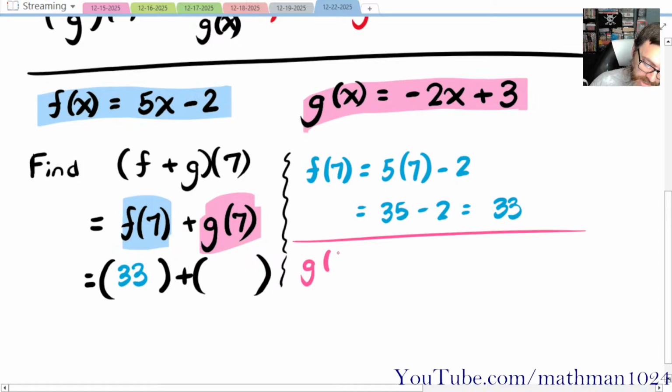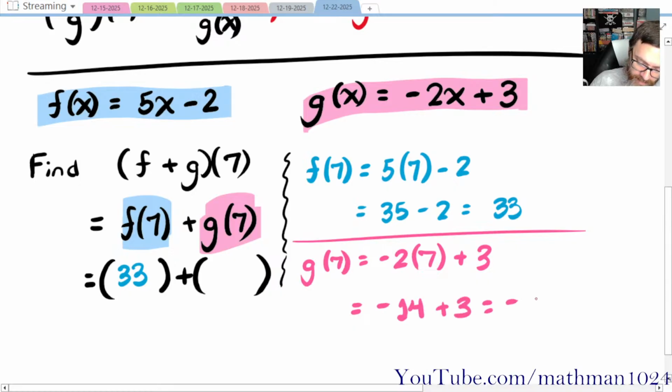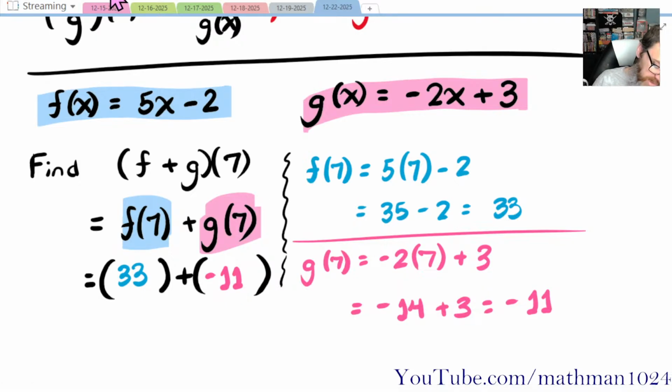All right, so g of 7 is negative 2 times x, which is 7, plus 3. So I do the arithmetic. That's negative 14 plus 3, and we get negative 11. So come back over here. This is negative 11, and then I just do the math that's here. 33 plus negative 11 gives me 22.